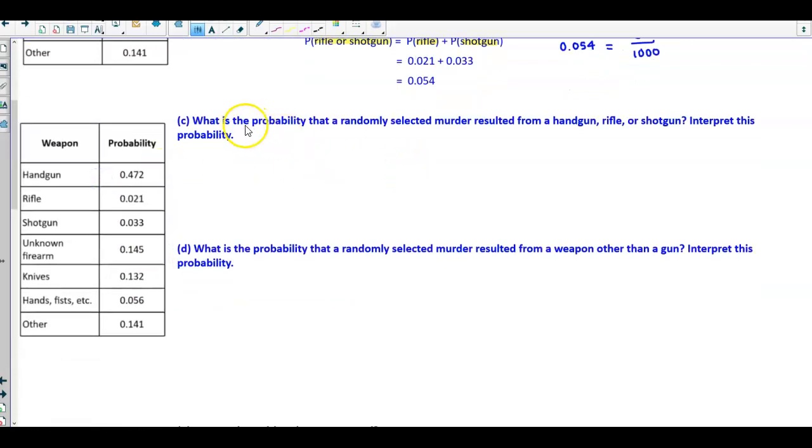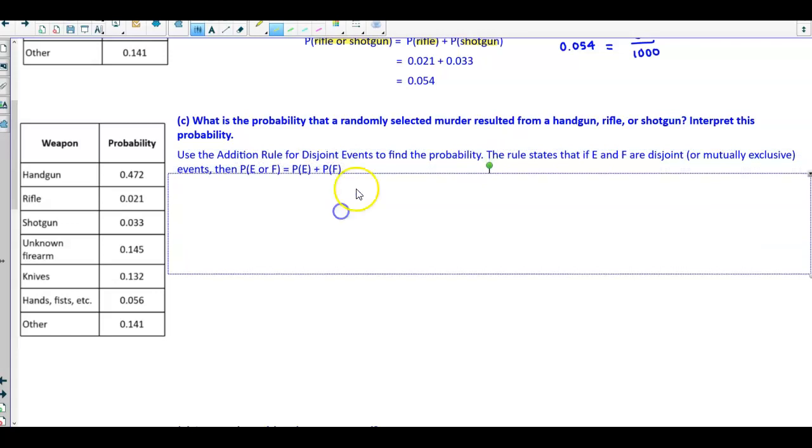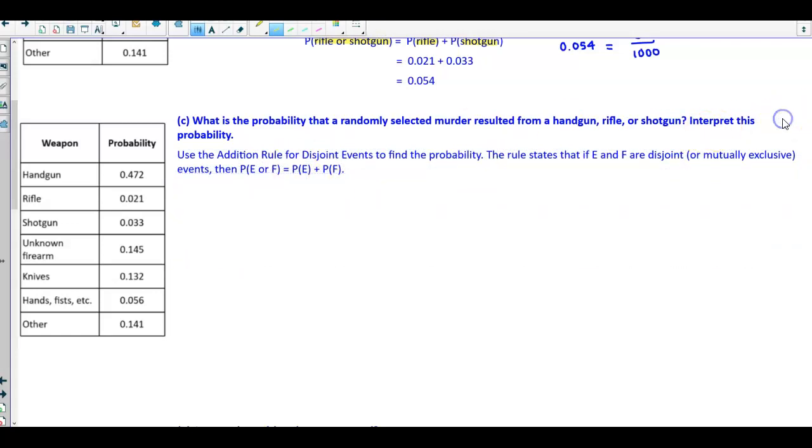Again, we're using the addition rule for disjoint events to find the probability. The rule states that if event E and event F are disjoint, or mutually exclusive events, then the probability of event E or F is equal to the probability of event E plus the probability of event F.